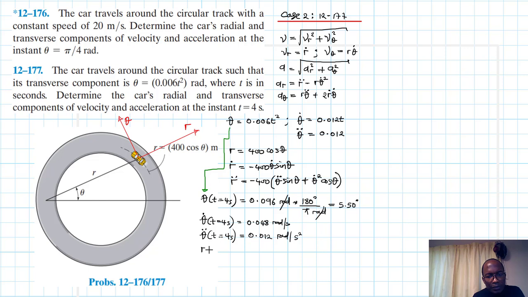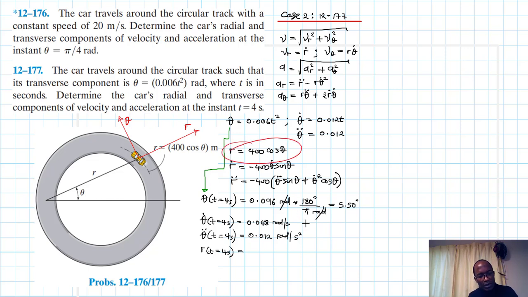Let's work out error. Our error at t equal to 4 seconds is going to be equal to, of course, this, we are feeding in theta, which is a function of t, and is 5.5. So we are using this one here.